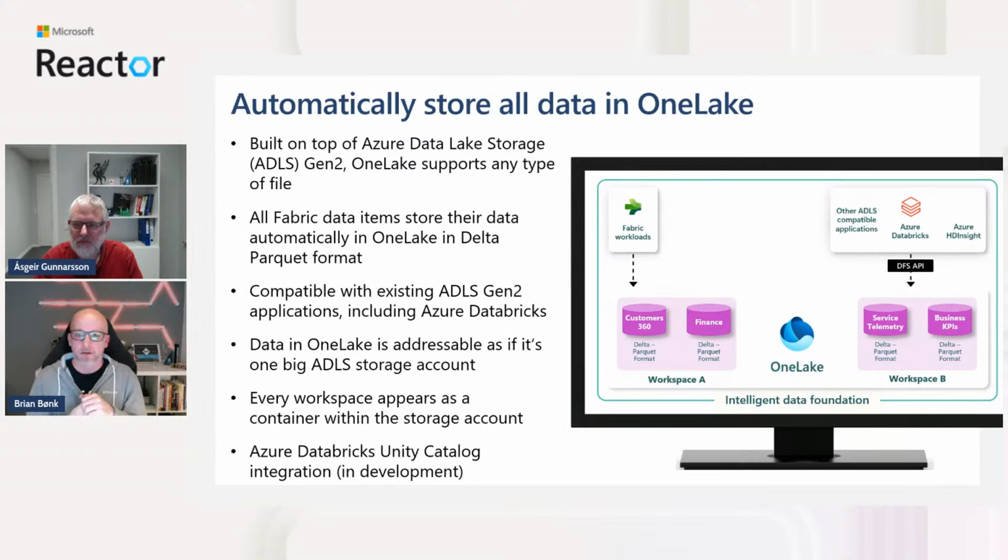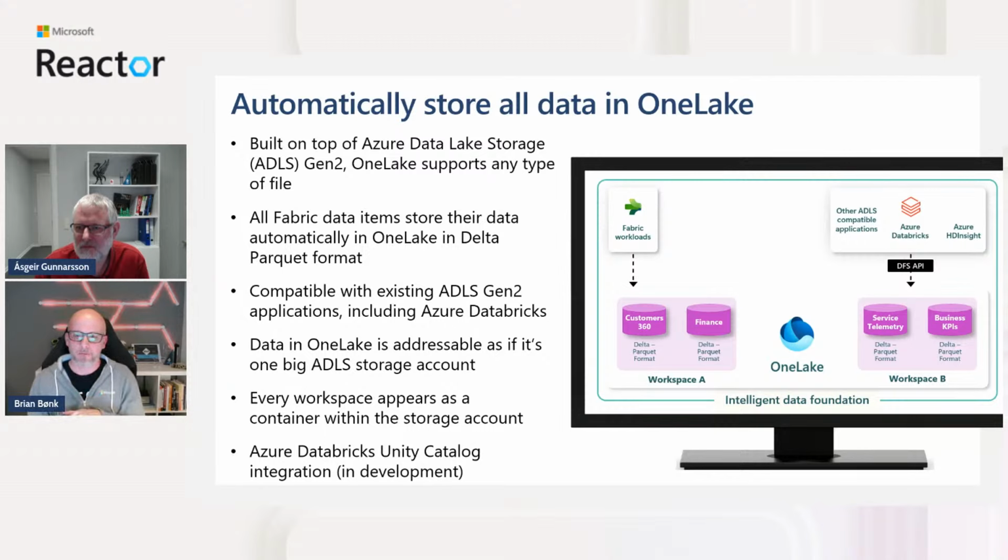And what you also get is if you have a storage account outside of Fabric, you can just connect that to Fabric, and then you can do all your shortcuts and your data lake reads as you could out of OneLake. So there's nothing magical about OneLake other than it is a data lake Gen 2 with a beautiful UI on top of it. No matter what you do, data is stored in a Delta Parquet format. I know that you can store it in other formats. We'll get back to that in just a minute.